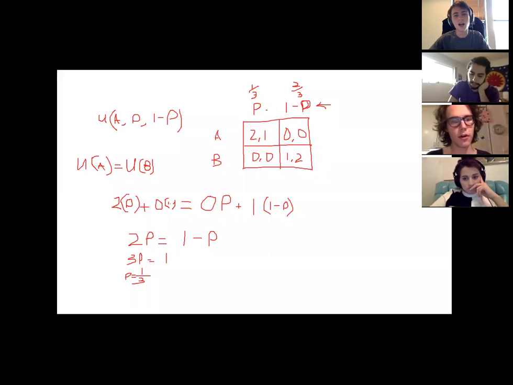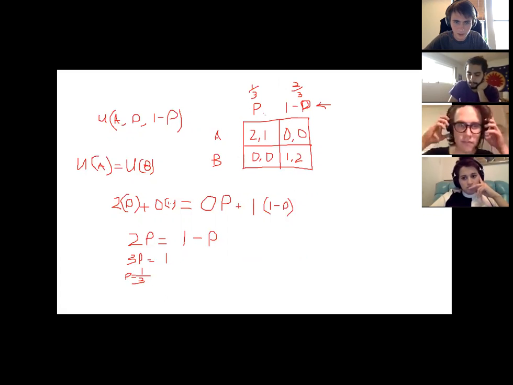The row player is usually player one. So the probability P is the probability that player two plays an action, C or something like that. Yeah, but that's what player one thinks that player two will do, right? No, player two is trying to decide on a strategy.